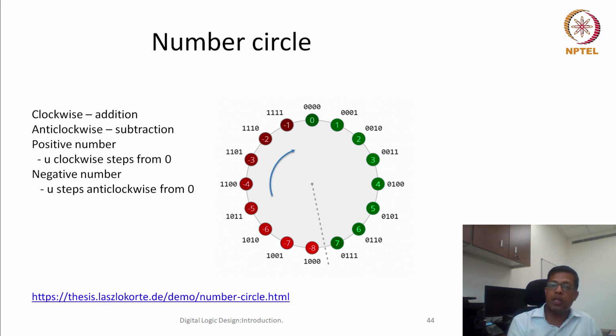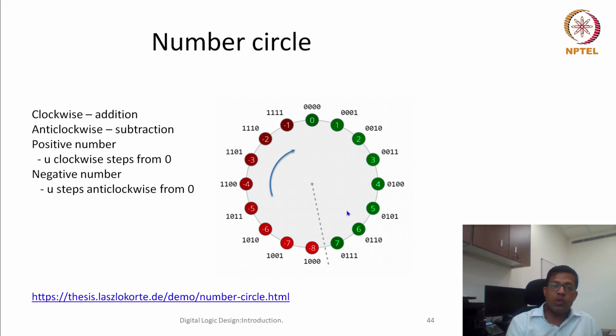For a 4-bit number, the range is -8 to 7. So whenever I cross this line of discontinuity or breakpoint, there would be overflow or underflow. Overflow if I am going in a positive direction, and underflow if I am going in an anti-clockwise direction.